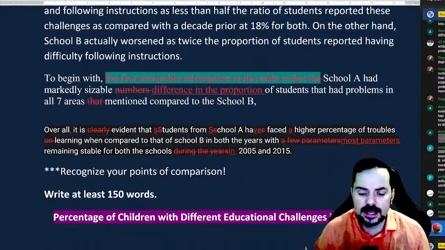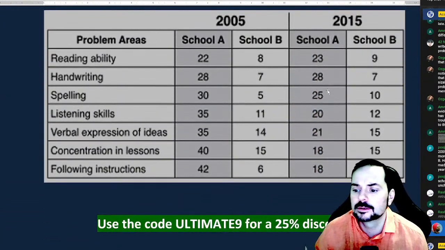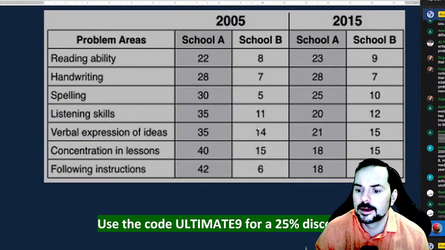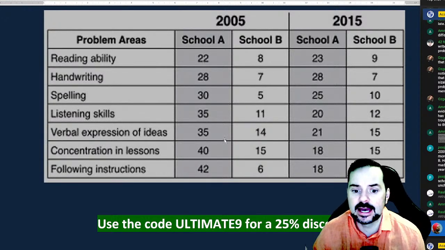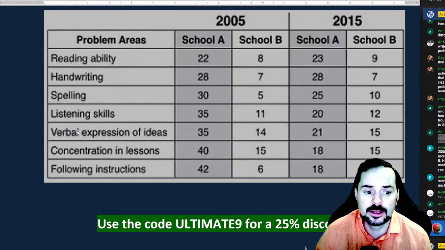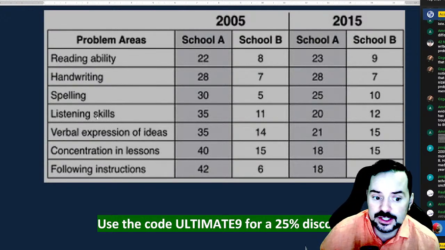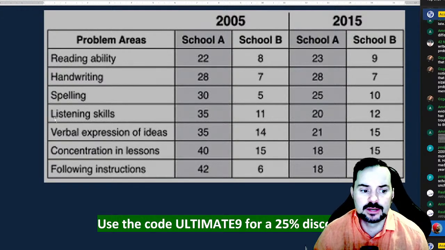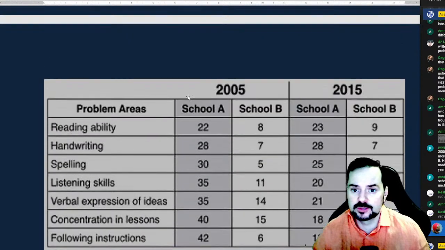Okay, and then now we can say that School A also made improvements, or the School A student body also made improvements in listening skills and verbal expression of ideas.